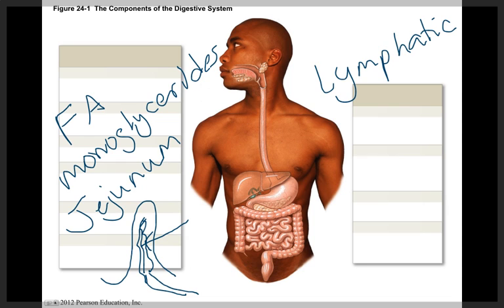So they're going to get absorbed into a lymph vessel, because there's also a lymphatic vessel in here, and that's going to lead to a larger lymphatic vessel. And we know what happens to those lymphatic vessels. They head back up to the heart, and they dump into the subclavians. The fatty acids and monoglycerides get absorbed into the lymphatic system in the jejunum.